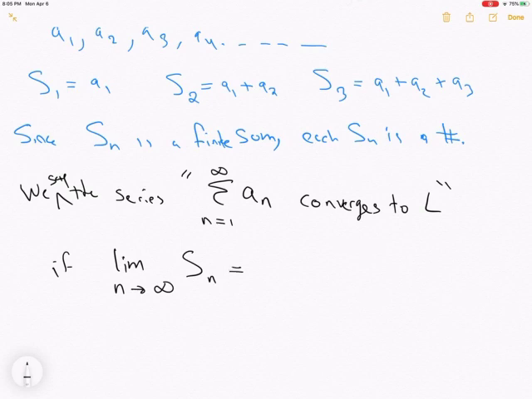So let's expand that out for a second. You're taking the limit as n goes to infinity of the partial sums, from k equals 1 up to n, of your a sub k's. So it's similar to improper integrals. So if this limit is equal to L.